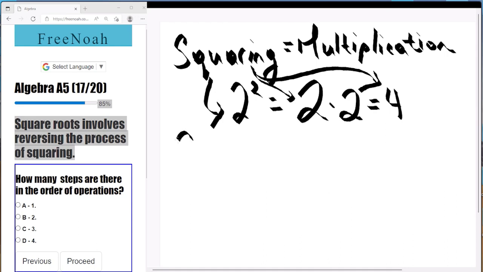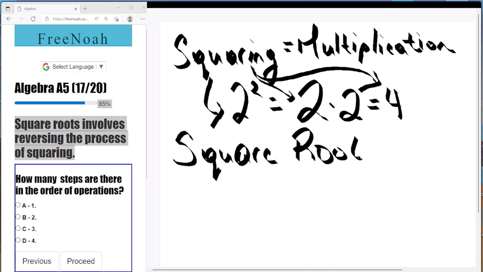Square root. Now when we find the square root, we're going to be using radical signs, and we're going to do the reverse of squaring here, right? So for the square root, we're going to write a radical sign.